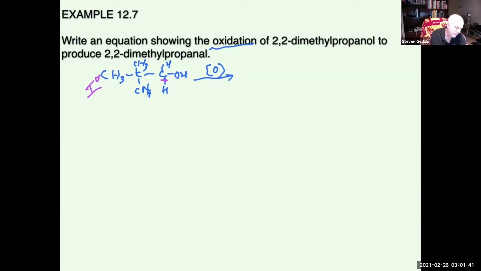So we're going to take the H from the OH, and we're going to take an H from the same carbon. Okay. So the electrons from here slide into that bond, slide into that bond. Right. So we end up with CH3C, here's our 2,2-dimethyl. Okay. Goes to our C double bond O now, and our H goes in aldehyde.